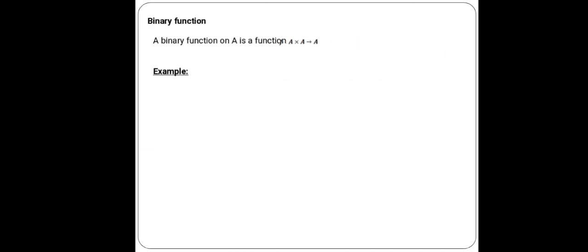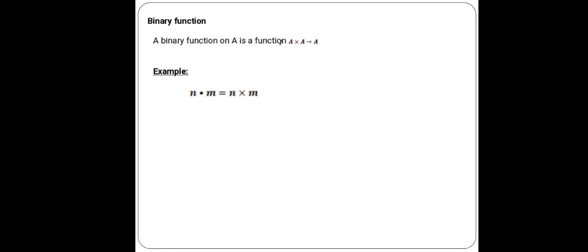Binary operation. A binary operation on set A is a function from A cross A back to the same set A. In other words, a binary operation takes two elements from some set and assigns them to exactly one element of some set. So, for example, n times m is equal to n times m. So this example is a binary operation of multiplication.